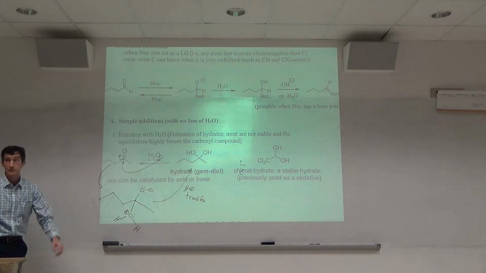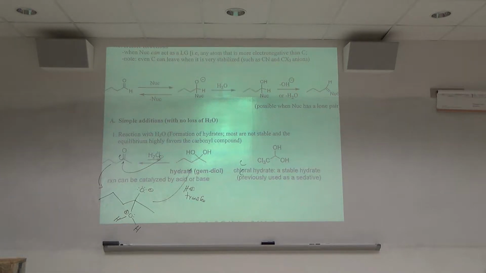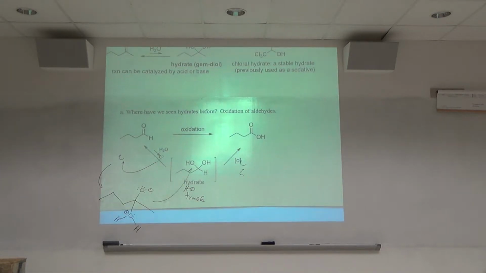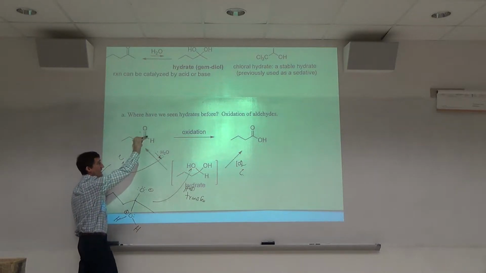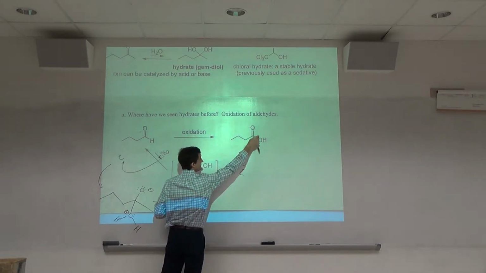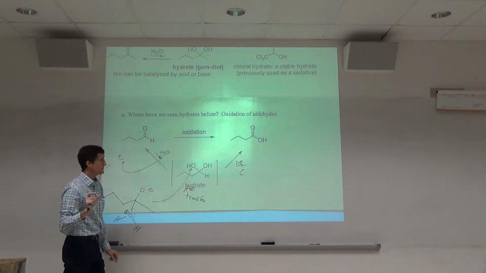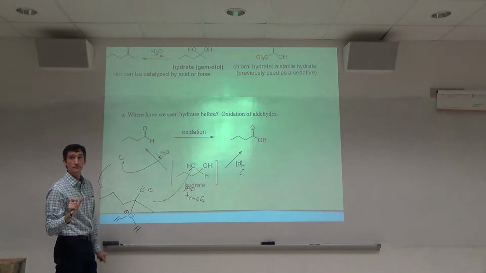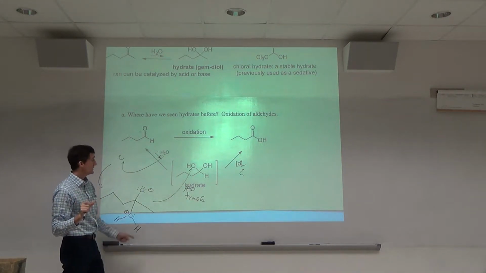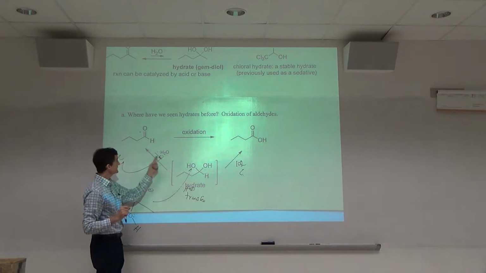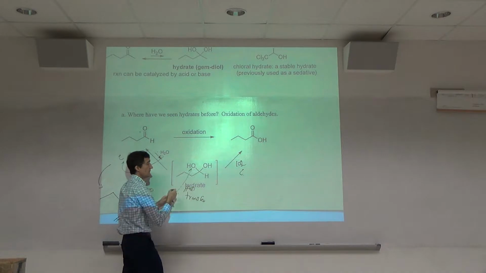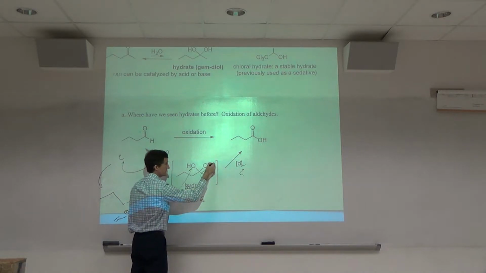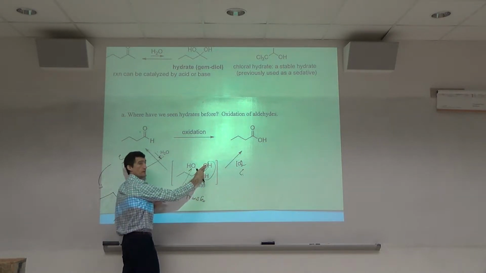Where have we seen hydrates before? Oxidation. Remember when we oxidized an aldehyde to the carboxylic acid? We didn't just remove H's, we actually added oxygen. And I told you that it first makes the hydrate. This reacts with water, makes the hydrate. Then we lose two H's and make a double bond.